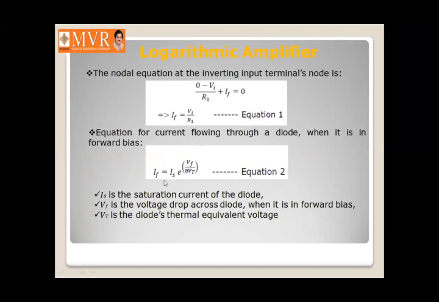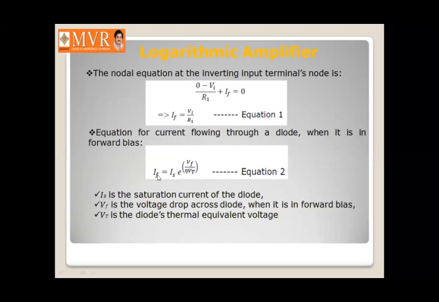As we know, the diode current equation is I equals Is times e to the power Vf divided by eta Vt, as we have studied in our electronic devices and circuits subject. In this equation, Is is the saturation current of the diode, and IF means forward current.